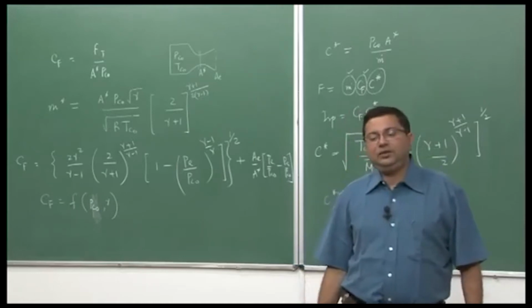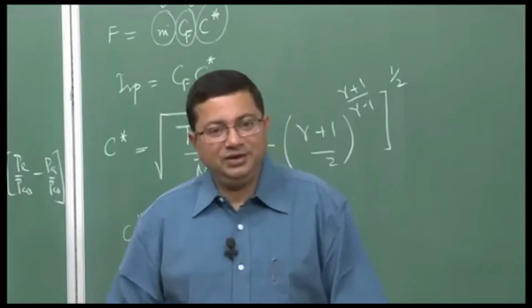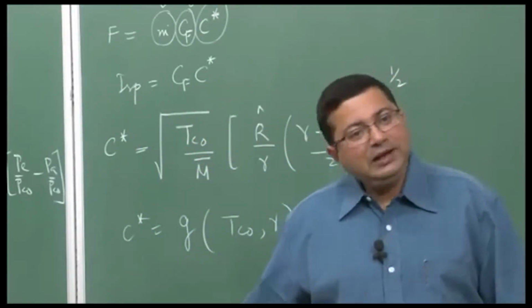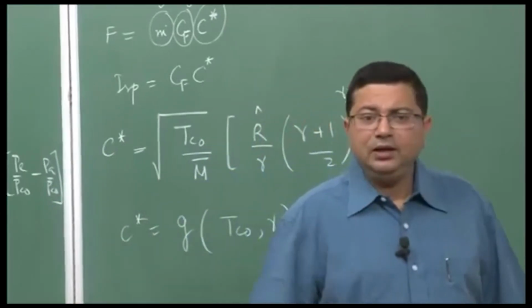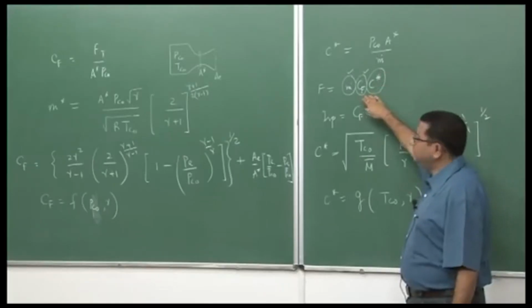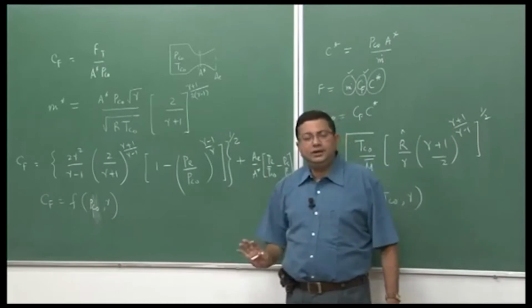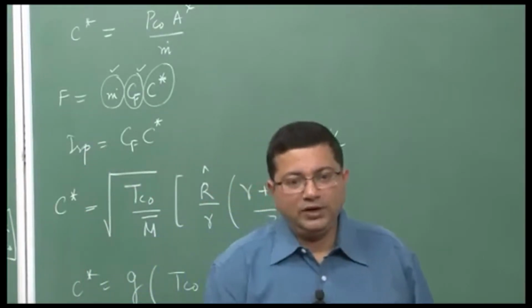Dissociation is actually an endothermic reaction, so it takes away some energy. Therefore, the overall energy is going to reduce, and because of that, again the thrust produced will be less. I will discuss this dissociation effect again. So, bottom line is, although we can increase both P C naught and T C naught to get higher thrust, there is a limit to it. That is why we cannot keep on increasing the thrust as much as we want.